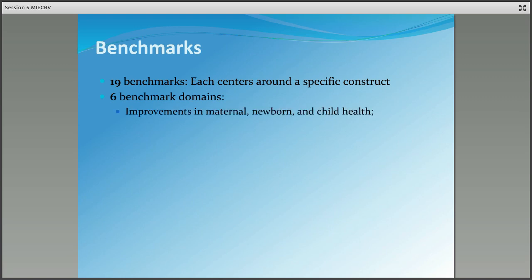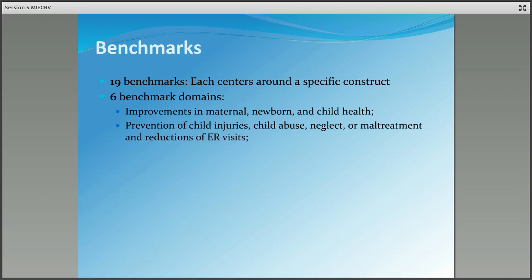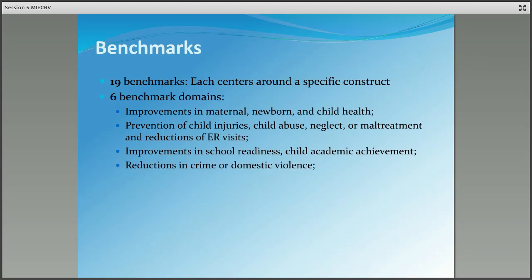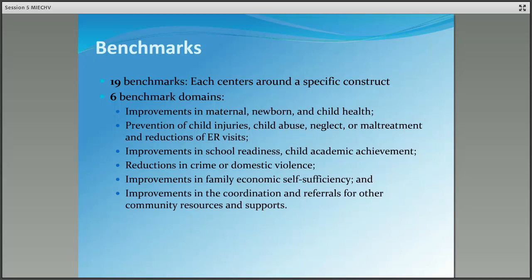Those are improvements in maternal, newborn, and child health; prevention of child injuries, child abuse, neglect, or maltreatment, and reductions of ER visits; improvement in school readiness and child academic achievement; reductions in crime or domestic violence; improvement in family economic self-sufficiency; and improvements in the coordination and referrals for other community resources and supports.